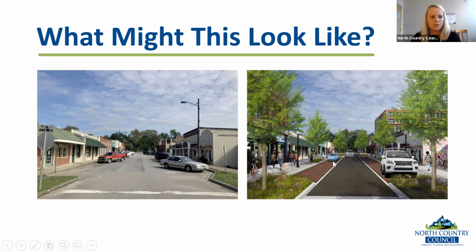We got the travel lanes with two different materials between the travel lane and the parking lane, so it visually makes it look smaller and tends to slow down drivers. We got wider pathways. So just all sorts of good stuff here. And you can see it looks a little bit more lively. Of course, they've photoshopped in people, but you know, the second picture looks like a place that you want to be and hang out for a while.